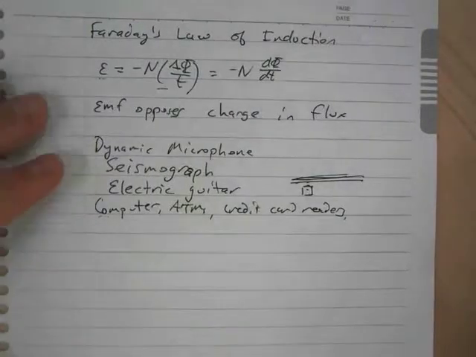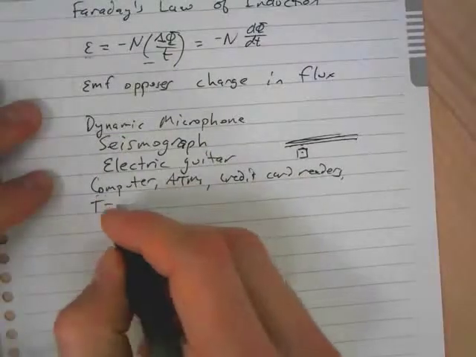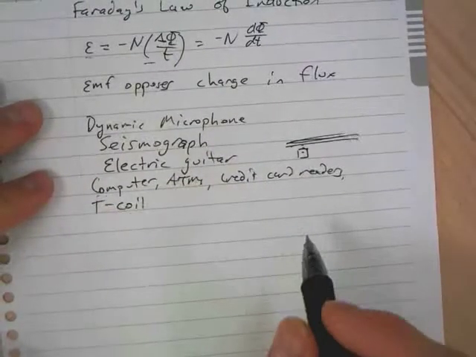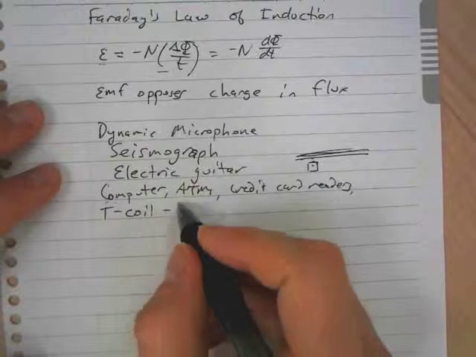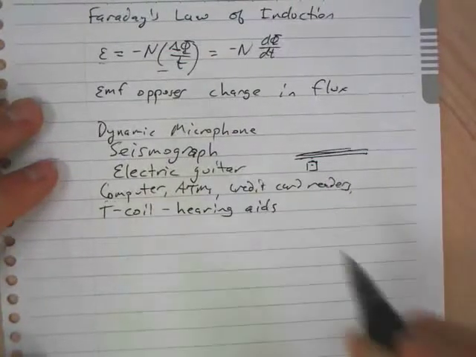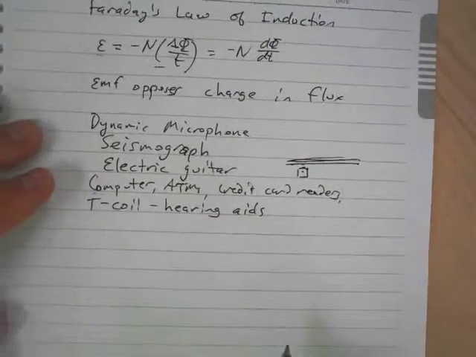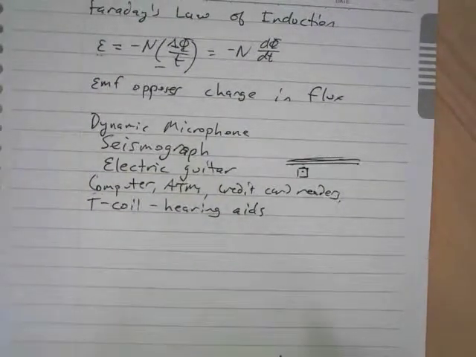Another very neat application that I hadn't heard of before was what's called a T-coil. And this is something that's used in hearing aids. On a telephone, apparently, as the speaker on a telephone does its thing, producing a sound, there's this magnetic field that is generated as the speaker oscillates.